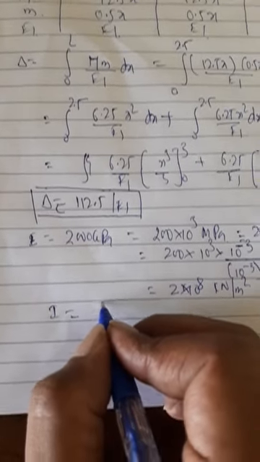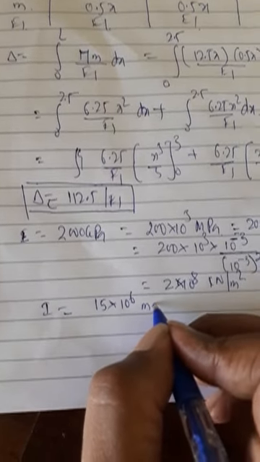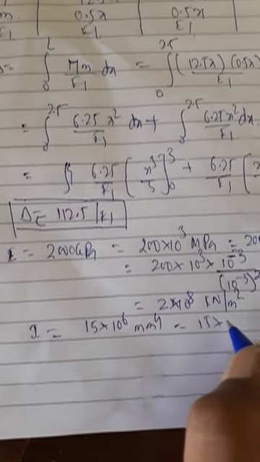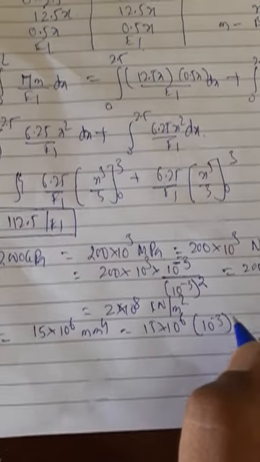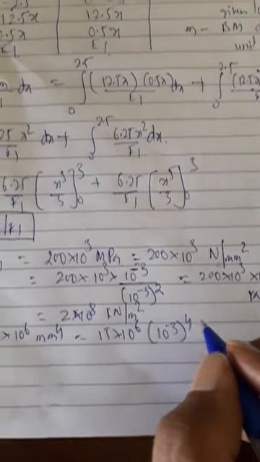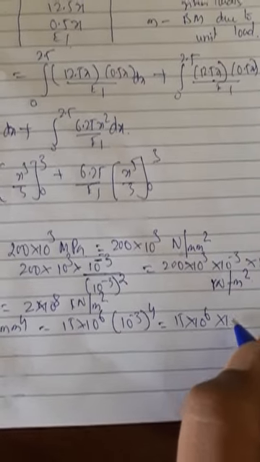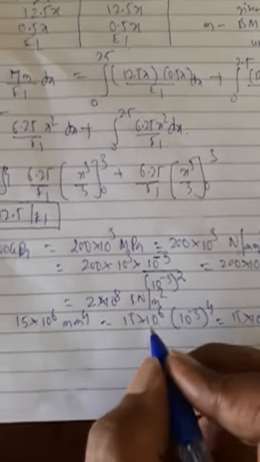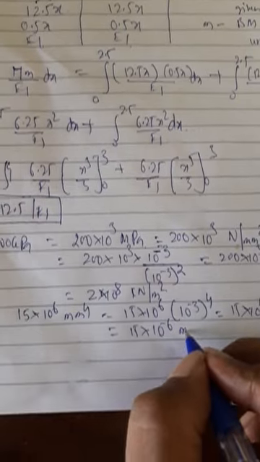Now the value of I. I is given as 15 into 10 raised to 6 mm raised to 4. You have to convert this into meters. So 15 into 10 raised to 6, 1 mm is 10 raised to minus 3 meters whole raised to 4. This becomes 15 into 10 raised to 6 into 10 raised to minus 12, which gives 15 into 10 raised to minus 6 meter raised to 4.